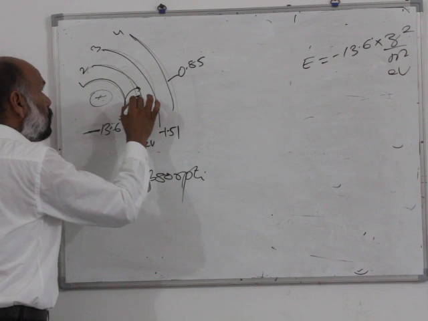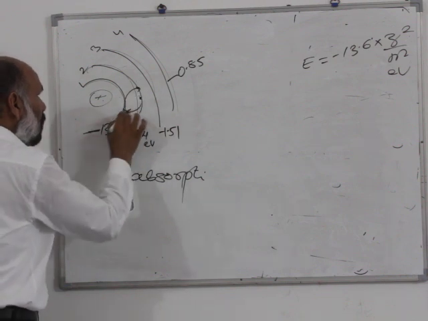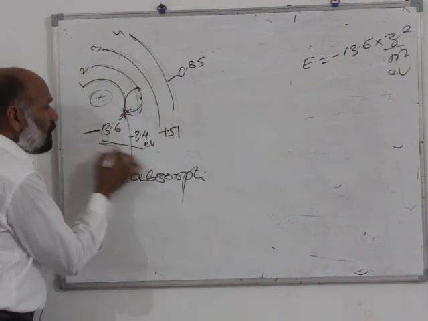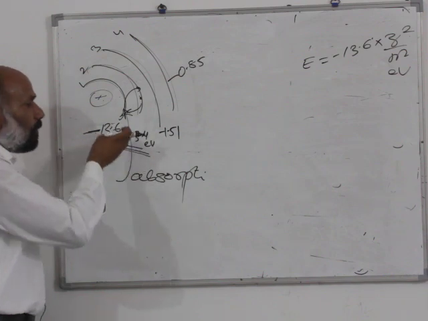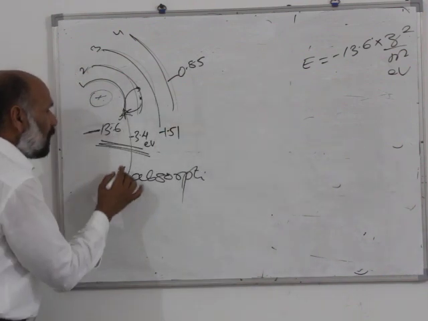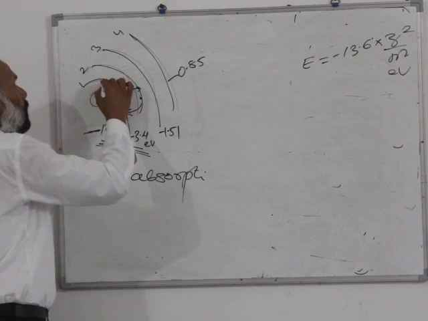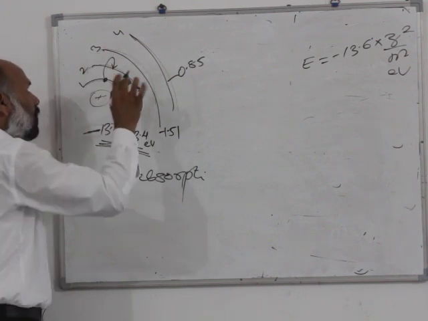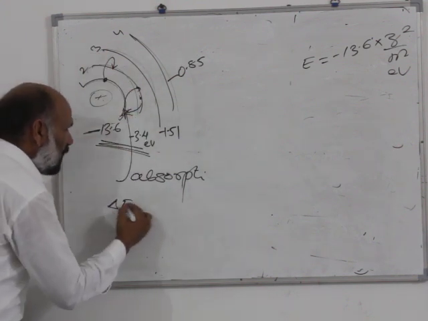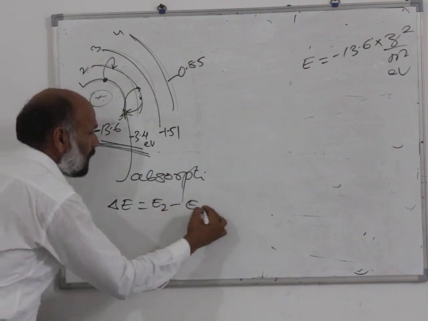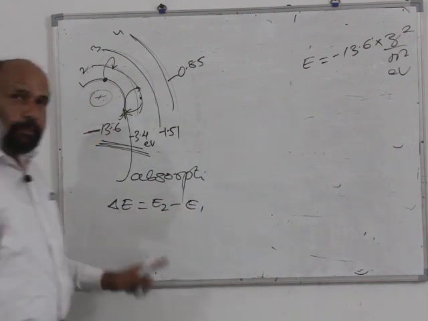If the electron jumps from this orbit to this orbit, the difference between these two energies will be emitted. Here the energy is absorbed because the electron is going from first orbit to second orbit. So change in energy would be E2 minus E1. The sixth postulate of Bohr.